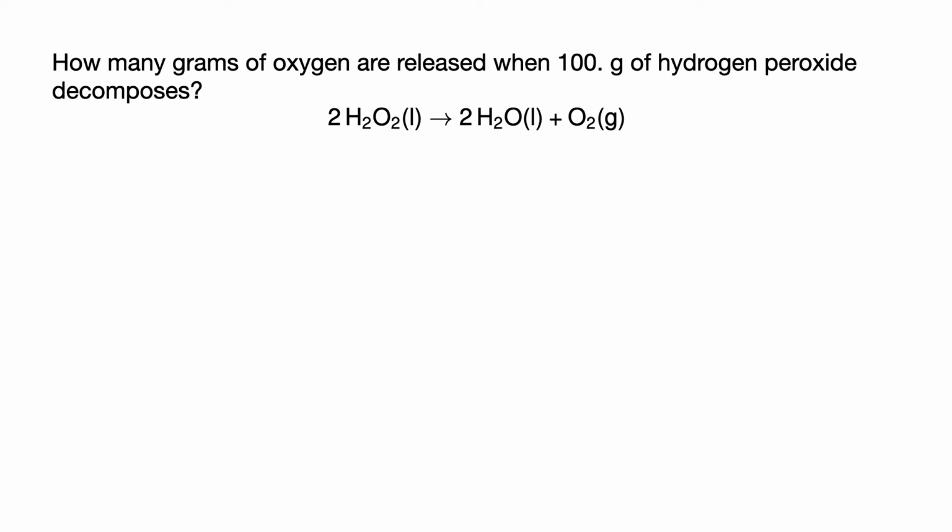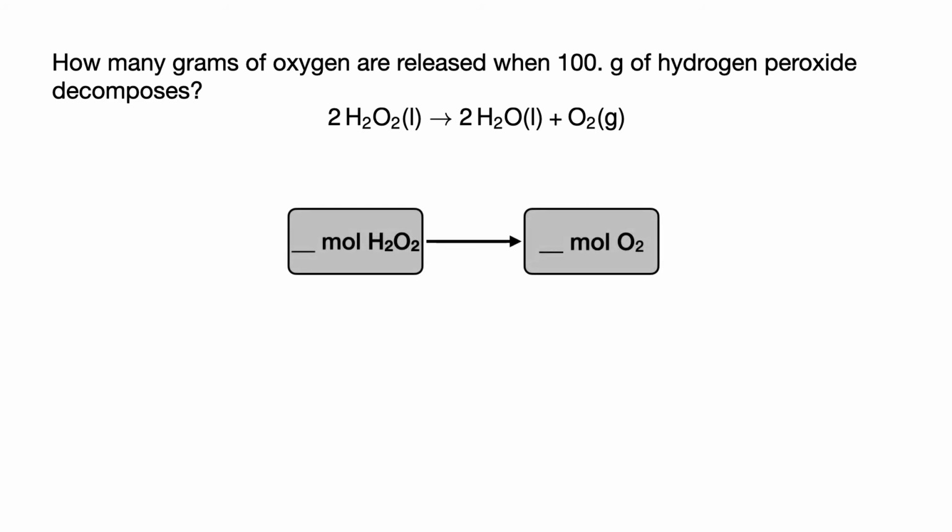So we've got our chemical equation, and the chemical equation gives us the relationship between amounts. It gives us a relationship between the number of moles of hydrogen peroxide and the number of moles of oxygen. And specifically, for this particular reaction, 2 moles of hydrogen peroxide forms 1 mole of oxygen gas.